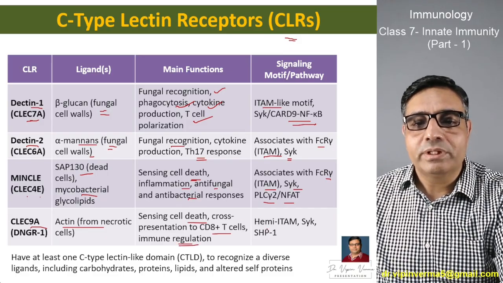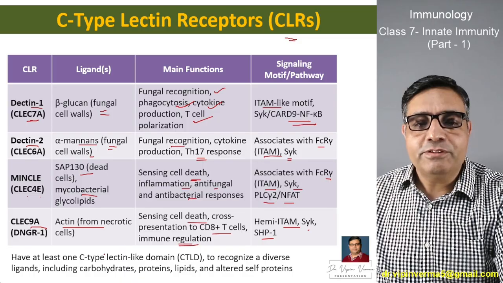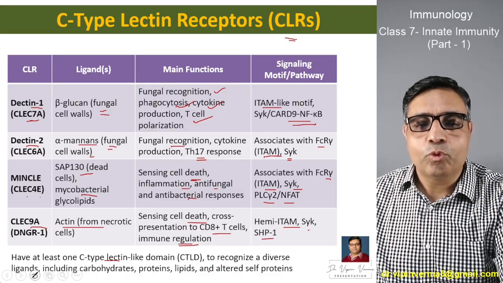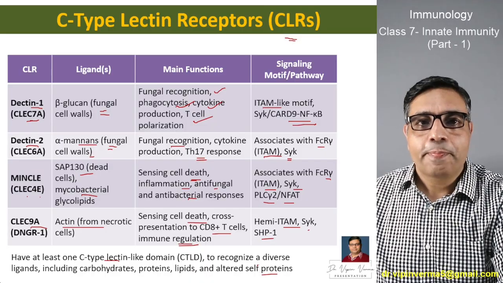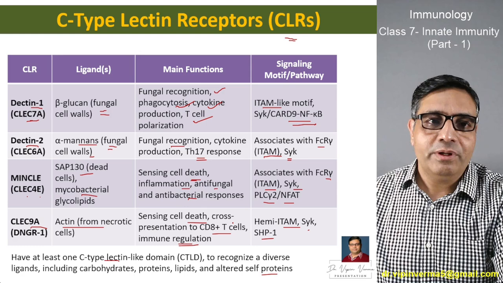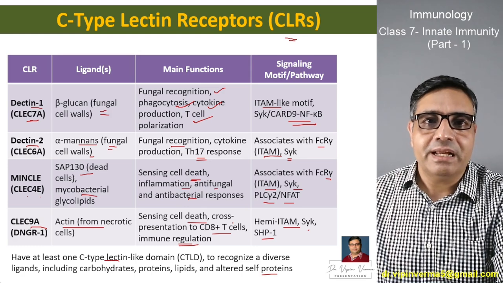And their signaling motif is hemITAM, SYK, and SHP1. So they have at least one C-type lectin-like domain to recognize diverse ligands, including carbohydrates, proteins, lipids, and altered self proteins.